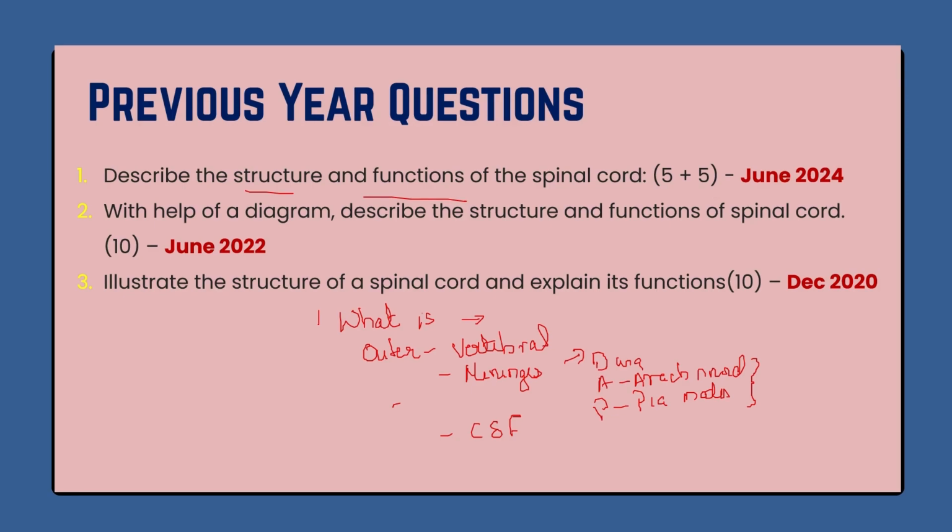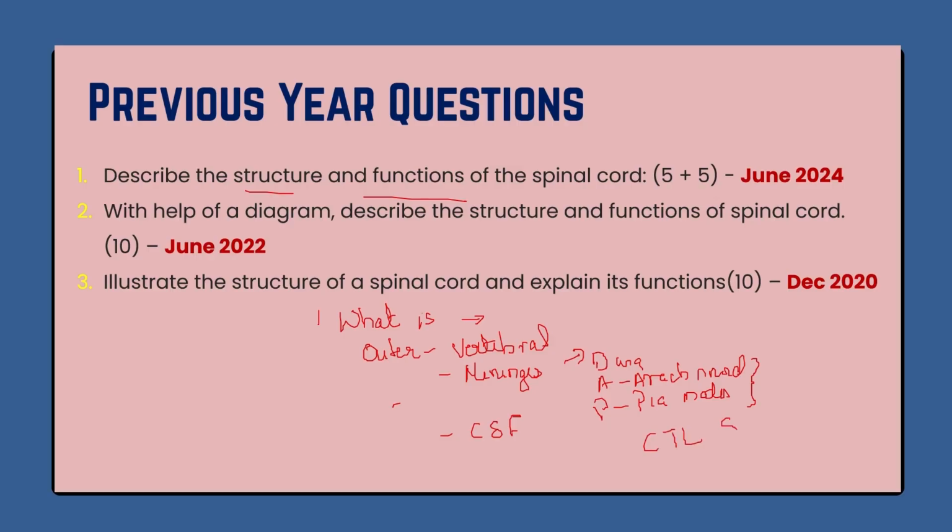Just write ascending and descending tracts. And in gray matter, you have to write about the dorsal and ventral roots. And then you have to write about the five parts and the nerves that are coming out. These are also part of the structure. You know which are the parts, right?